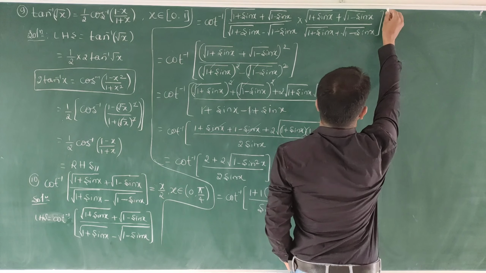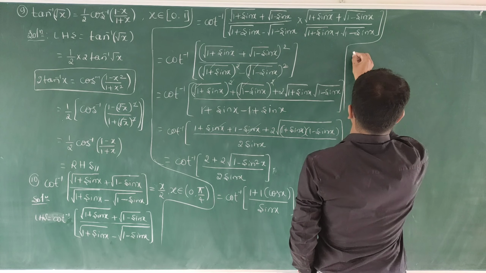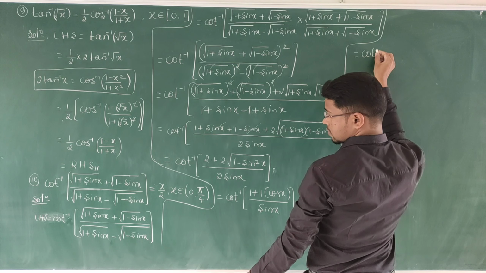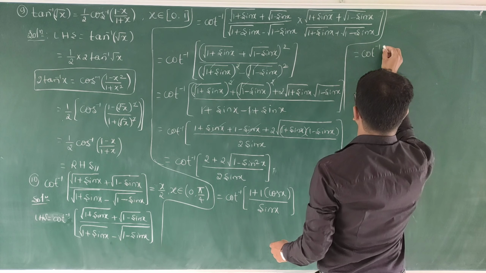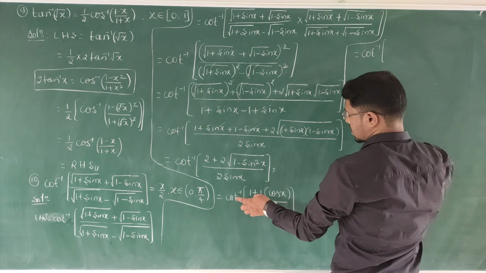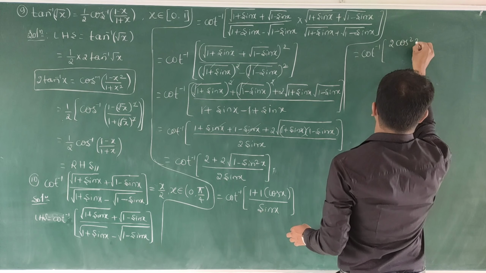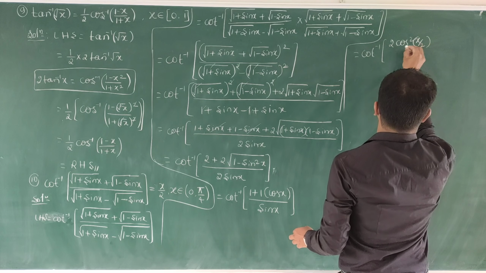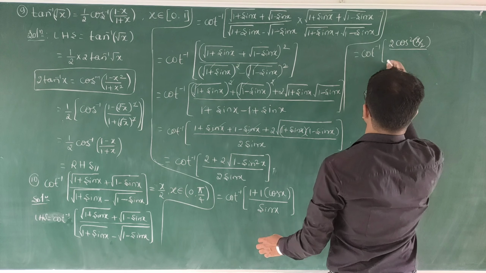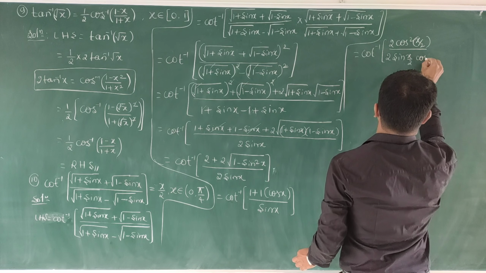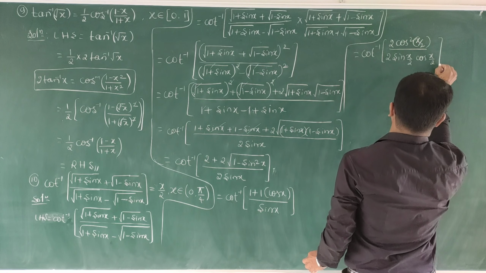So it is equal to cot inverse of 1 plus cos x, which can be written as 2 cos square x upon 2, divided by sin x, which can be written as 2 sin x upon 2 cos x upon 2, half angle formulas.